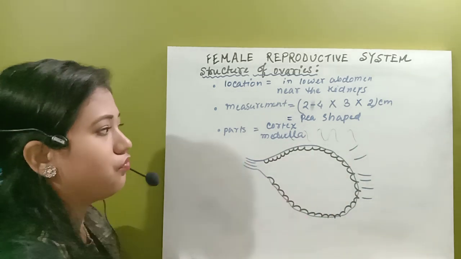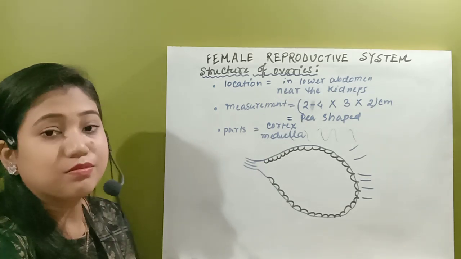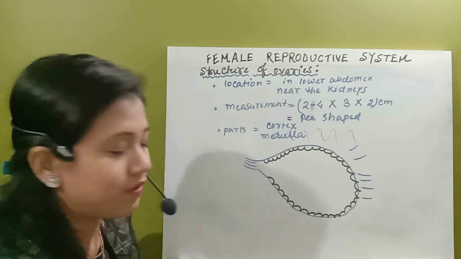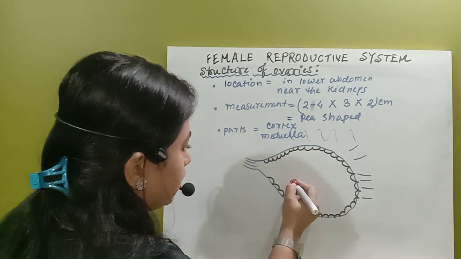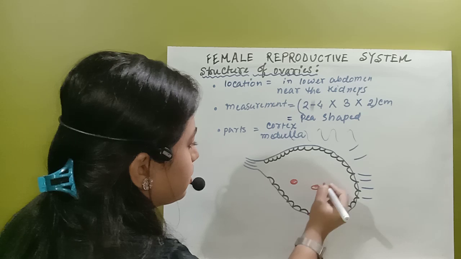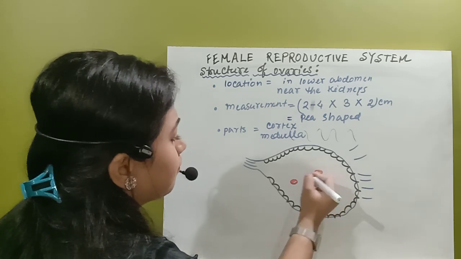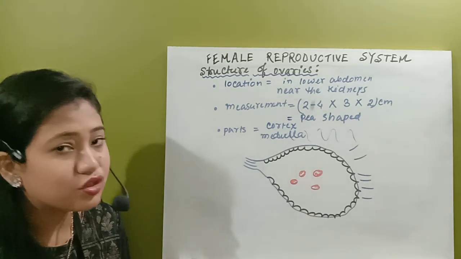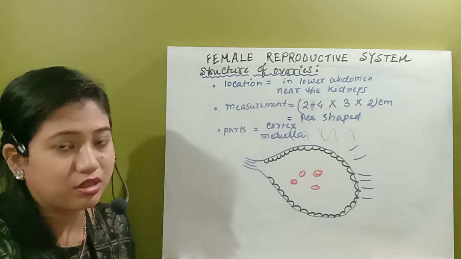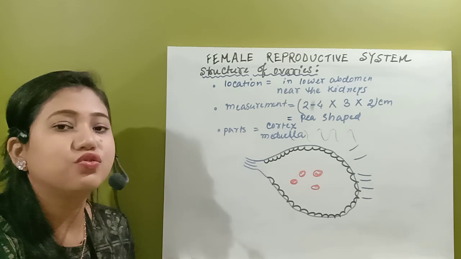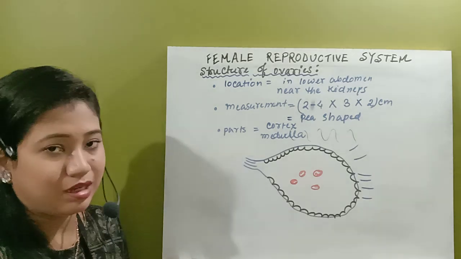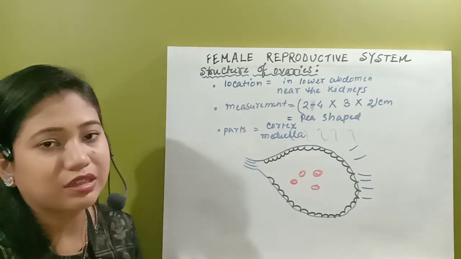Centrally, we have the medulla. This medulla is a stromal region which has blood vessels. A number of blood vessels are present, and those blood vessels have a very important function, that is to transfer the hormones. The hormones are released for the female reproductive system.